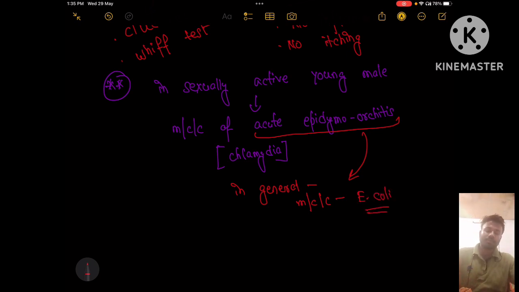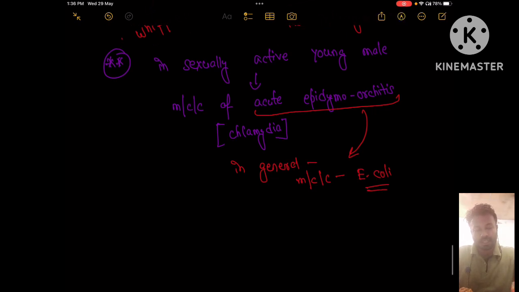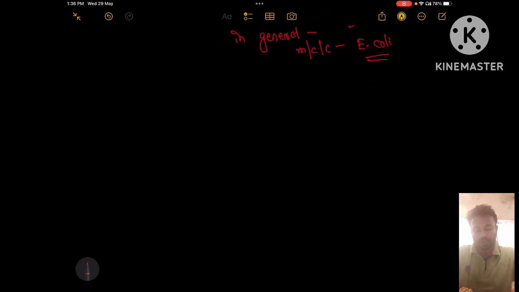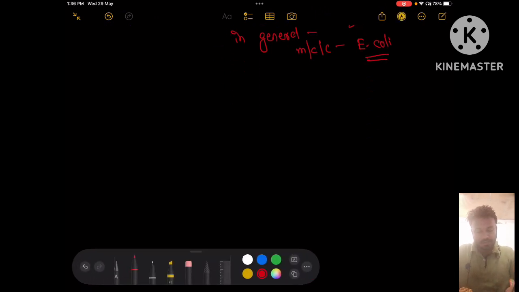So in a sexually active young male, the most common cause is chlamydia, and in the general population, it is E. coli. In general, in STDs we need partner treatment, but in which diseases do we not need to treat the partners?